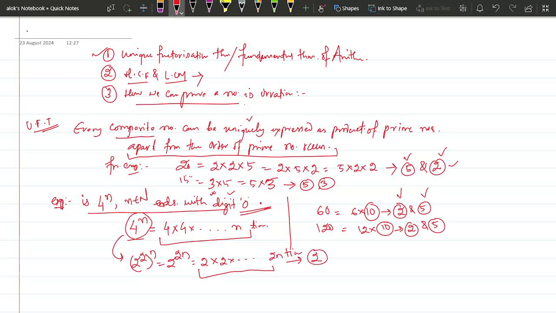To get the unit digit 0, we must have both factors 2 and 5. Here the only factor is 2, and since 5 is not there, 4 to the power n does not end with digit 0.